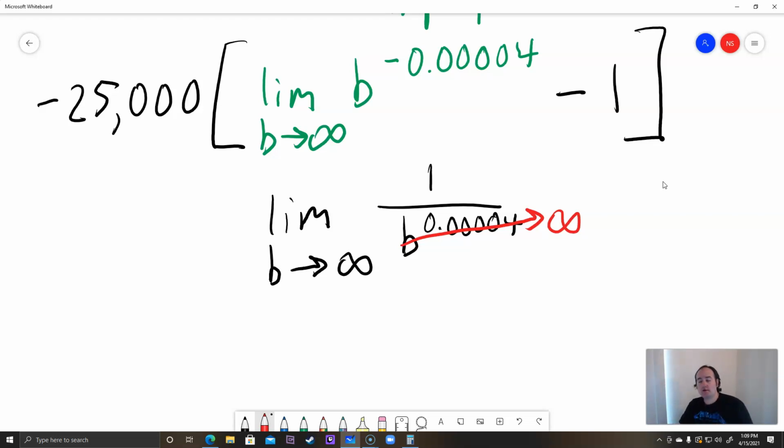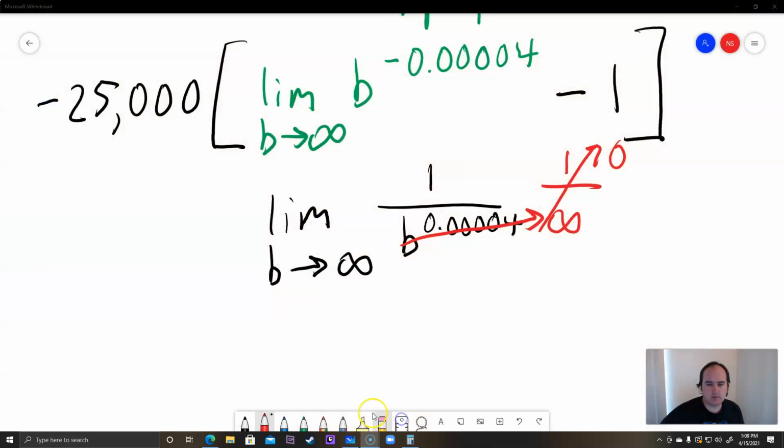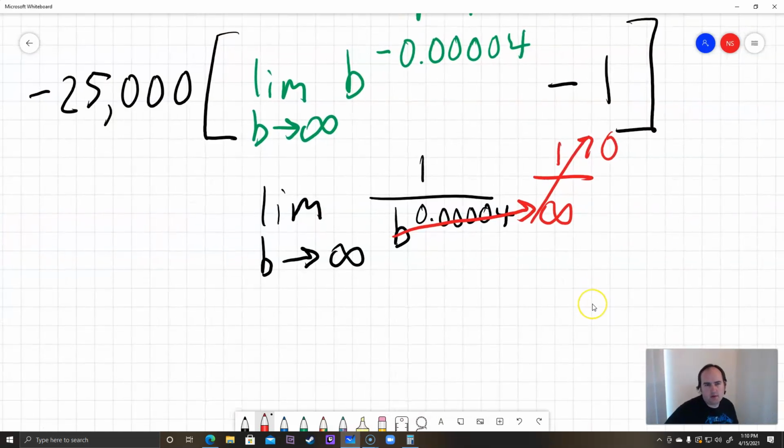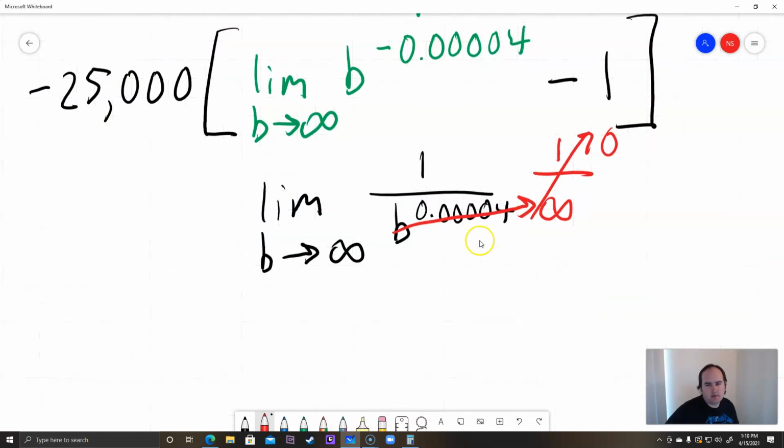But the numerator is a constant. So here we actually have 1 over infinity, and 1 over infinity actually goes to 0. Okay? So you might not have known that, but that's pretty cool. Basically, if you have 1 over infinity, that goes to 0.